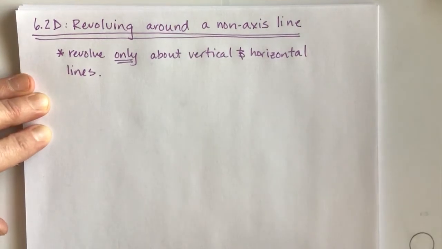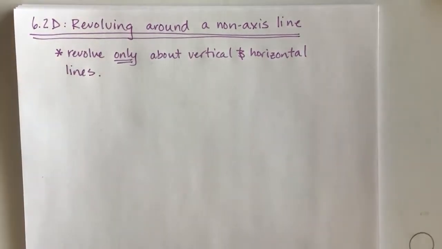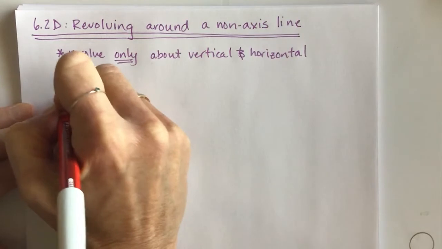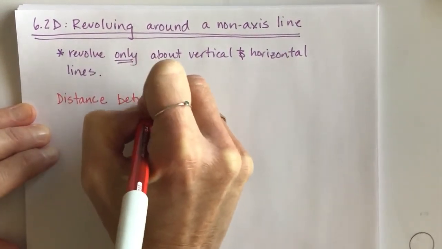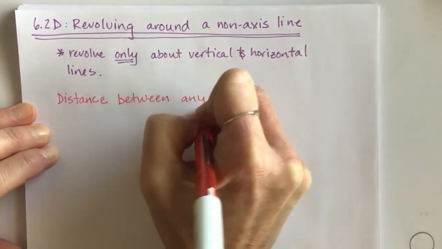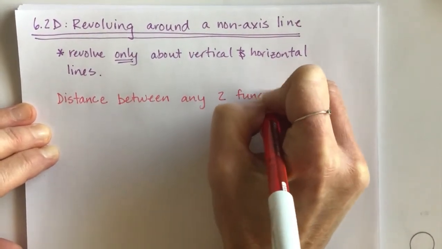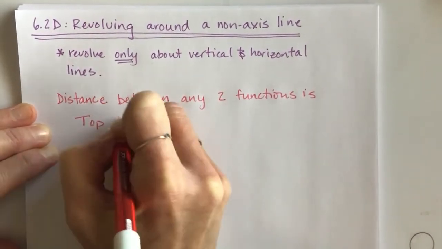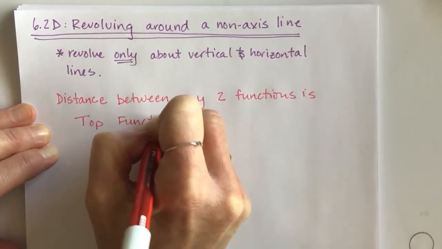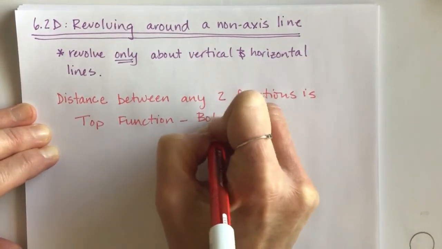The big concept to remember here is anytime you need a distance, the distance between any two points is the distance between the top function and the bottom function. So remember, if you're looking for a distance between any two functions, it is the top function minus the bottom function.